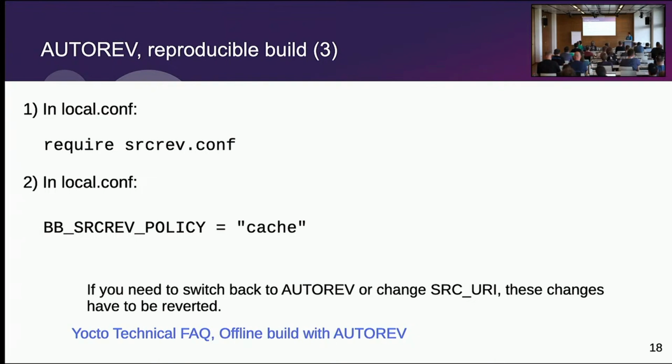It will not access the network, for sure. It will use all the revisions which are already cached. But if you change something, and you still expect something from other teams in other repositories, you need to not forget to put it back or comment it out in the local.conf. Otherwise, you again might see some unexpected results. You expect one thing, but the fetcher just didn't check what has actually changed upstream.